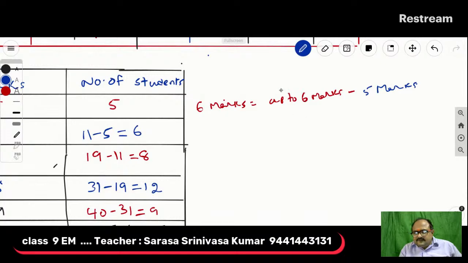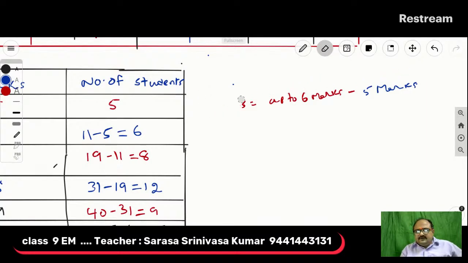So this is frequency of 6 marks. For this we can write frequency of up to 6 marks minus frequency of 5 marks.